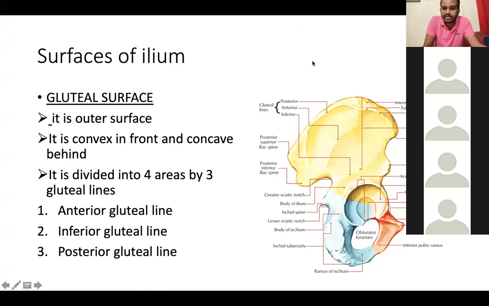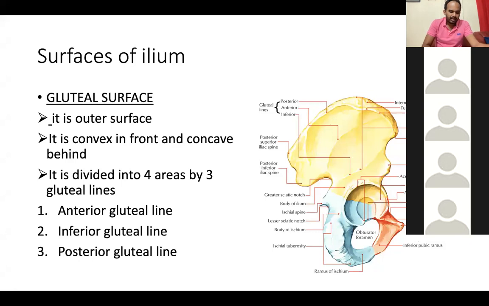In the slide also you can see this is the inferior gluteal line, this is the anterior gluteal line, and this is the posterior gluteal line. Yes or no? Yes, sir. Got it?